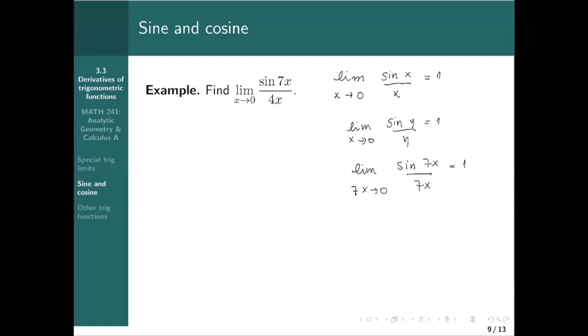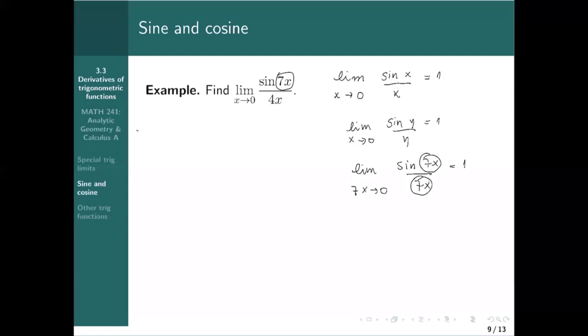This would be equal to 1. Well, my point is we need to have the same thing in the argument of sine and in the denominator. So we have a sine of 7x. We should make a 7x appear in this expression.